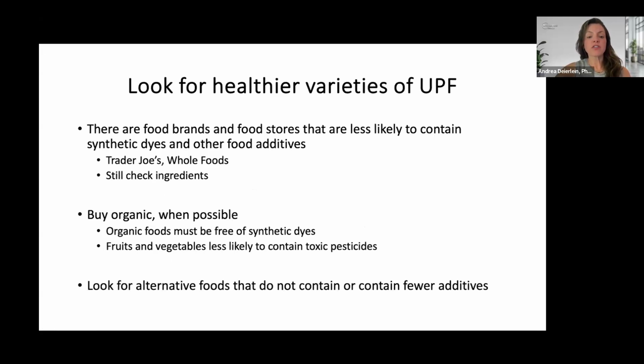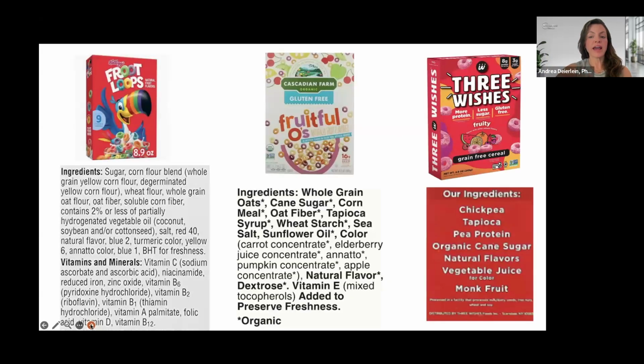But you can also look for alternative foods that, when you're looking on the label, contain fewer additives or don't contain any at all. So I gave these examples here of looking at something like, okay, if I want a bowl of cereal and Fruit Loops is what's calling for me, there are examples that you might be able to buy that, when comparing the ingredient list, you can see offer a healthy alternative.